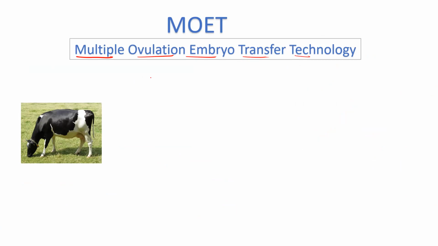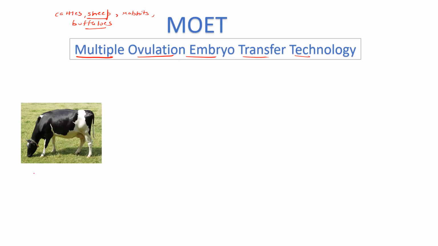It is done in cattle, sheep, rabbits, buffaloes, to get a high or superior quality breed.